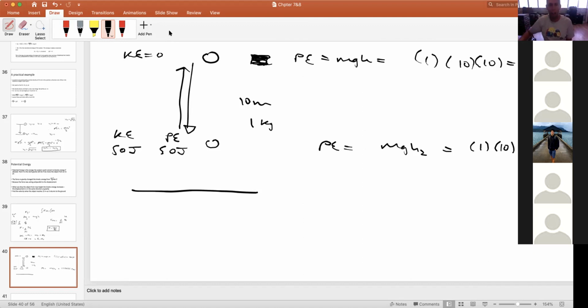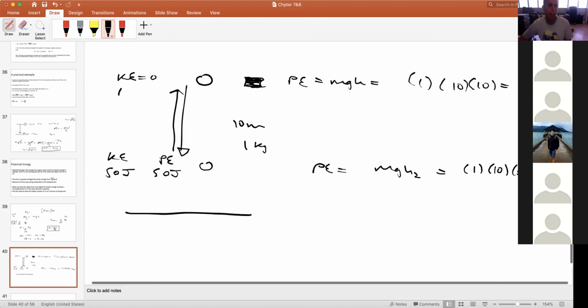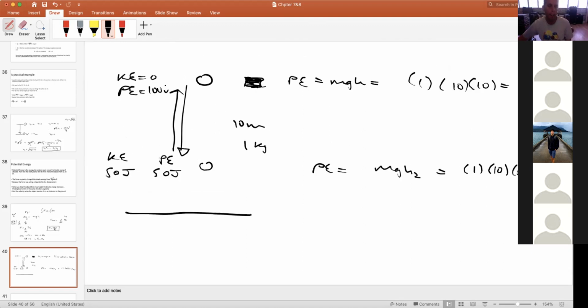And it now has 100 joules of potential energy. So what's happening is potential energy is energy that could turn into kinetic energy if we allow it to. It's a little odd. It'll make more sense when we talk about springs in a second. But basically, in a gravitational field, however far you are from the surface that would stop you, you have that much potential energy.